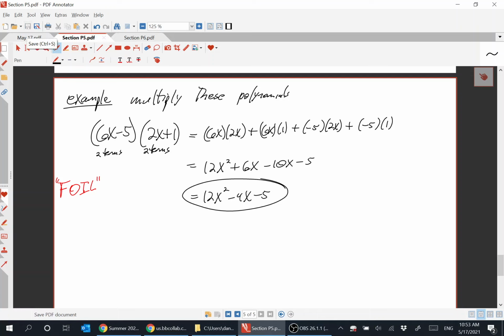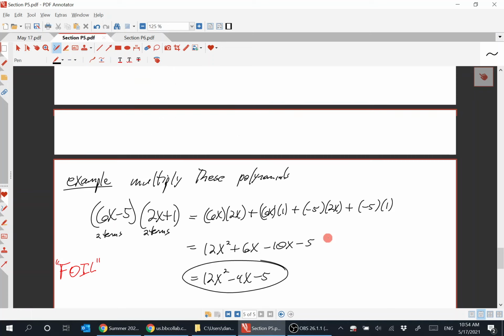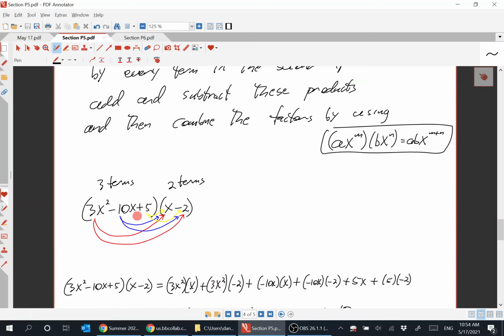If you like it, that's fine. First, outside, inside, last. I mean, why first, outside, inside, last? Just take every term here and multiply it by every term here. So when you don't have two terms and two terms, then the FOIL doesn't make sense. Just every term here by every term there, and you're good to go.